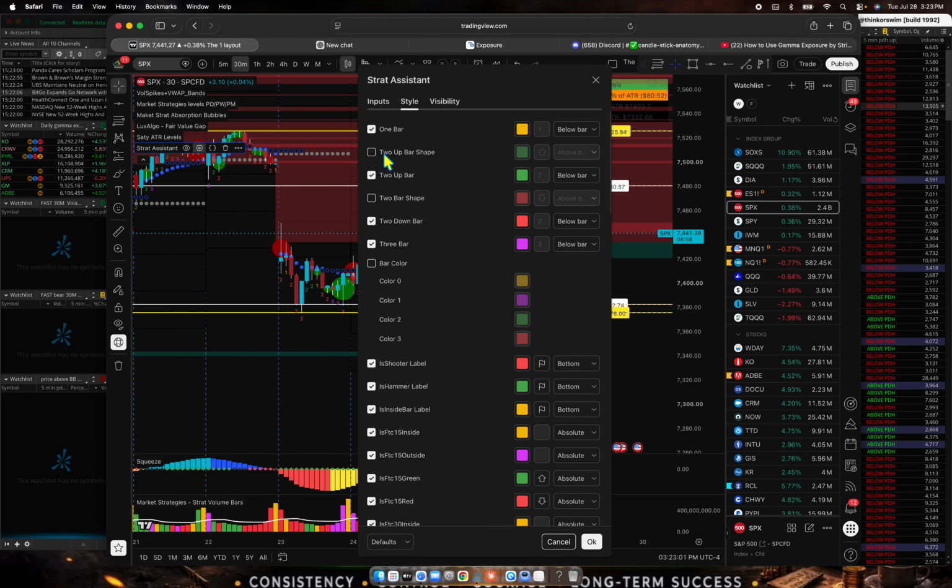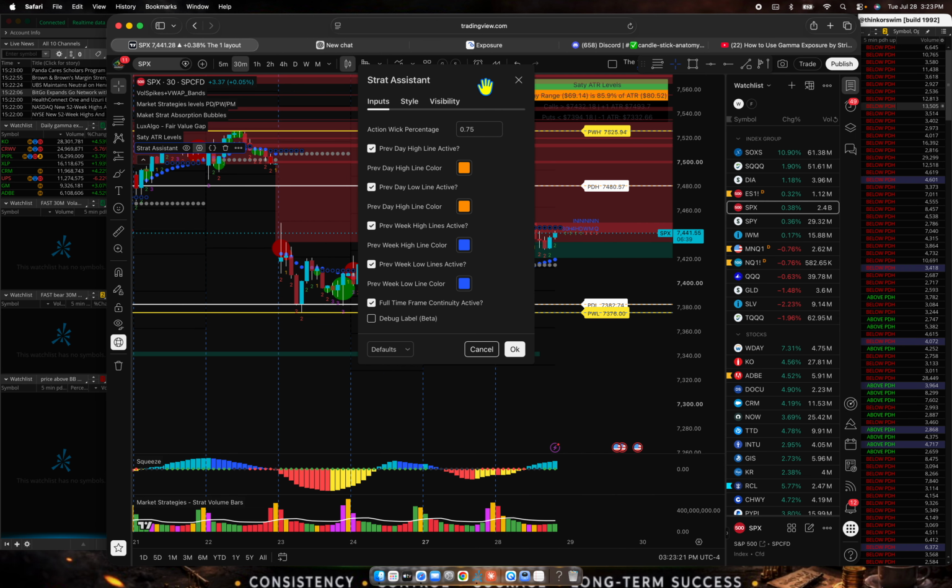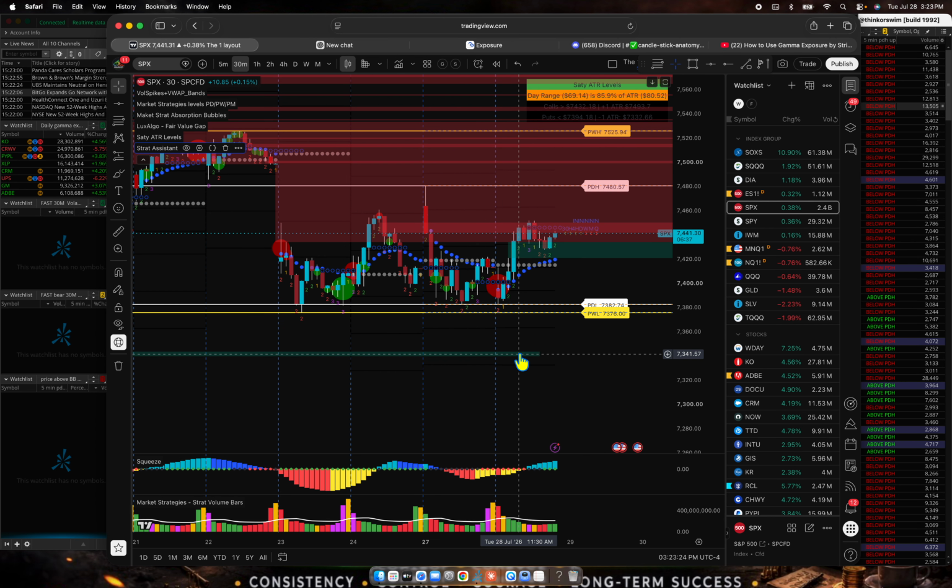I said pretty much, I have the shapes turned off on there. Don't need the shapes. Have the bar color turned off because I don't like my colors of my candles changing. Everything else is the same besides the 2-up bar shape, the 2 bar shape, and the bar color. Everything else is as is.